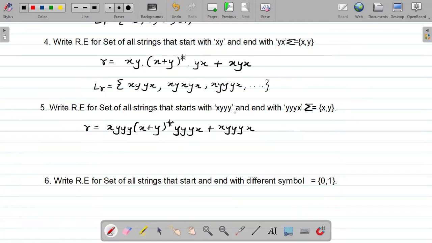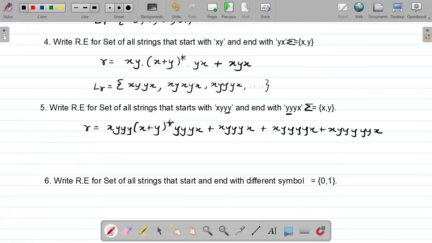But here there are three cases that we need to take care of. Here overlapping of three y's is happening. Suppose there is overlapping of two y's. That time we'll have four y's in between, so overlapping of two y's from here and here. So xy and yx will be added to it. If there is overlapping of a single y, then x double y in between followed by double yx.